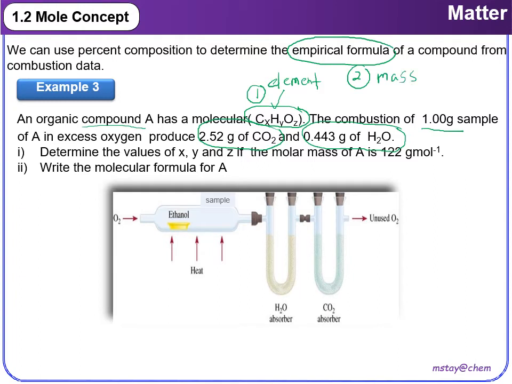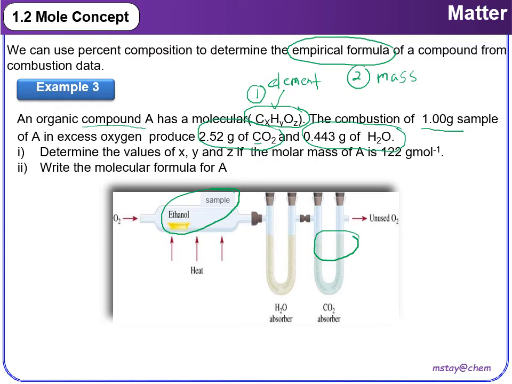Okay, so now we need to know how we can find the mass of carbon. For example, this is ethanol. When we burn this ethanol, all the carbon will be trapped in the carbon dioxide absorber. So it means that all the carbon in the ethanol will be present in the carbon dioxide.